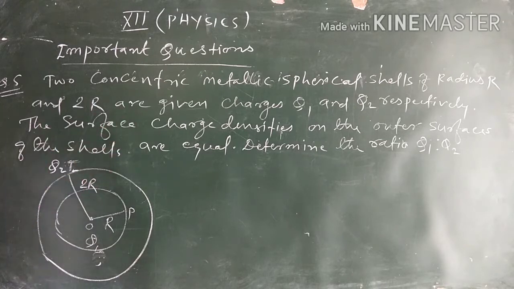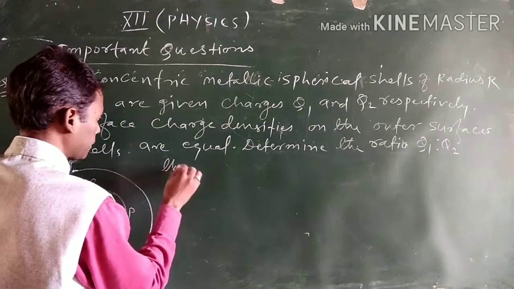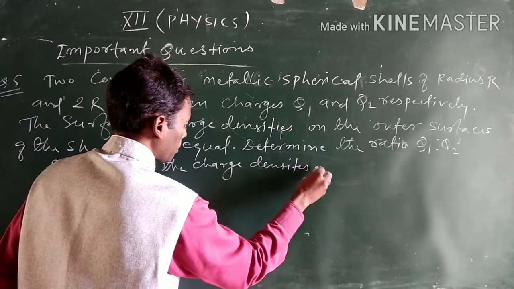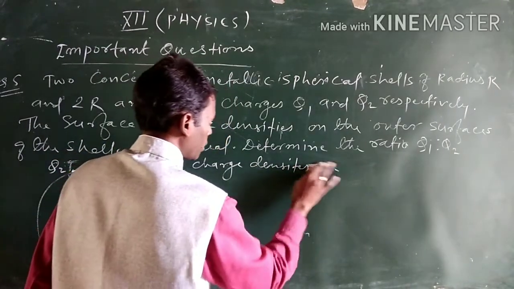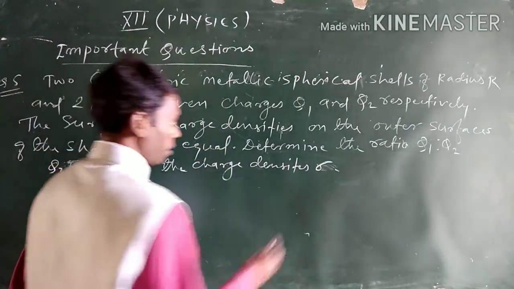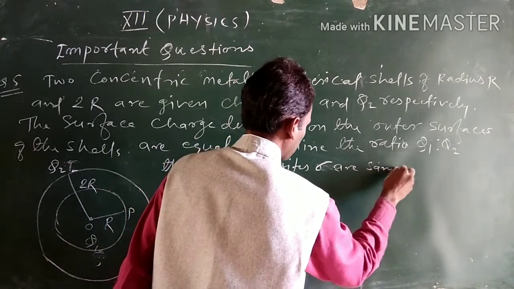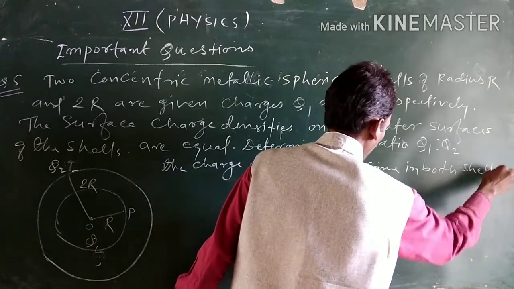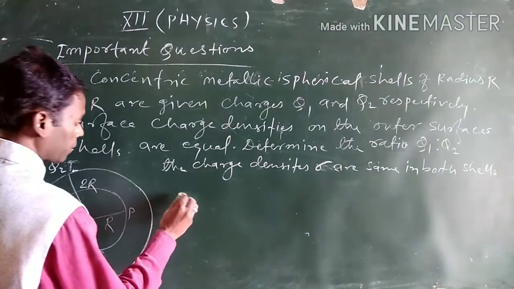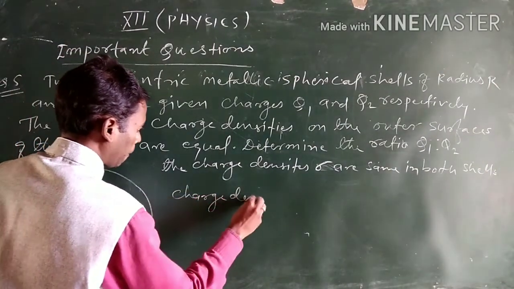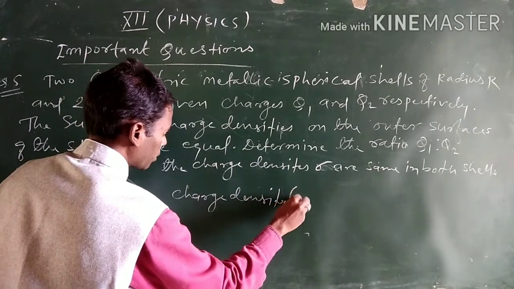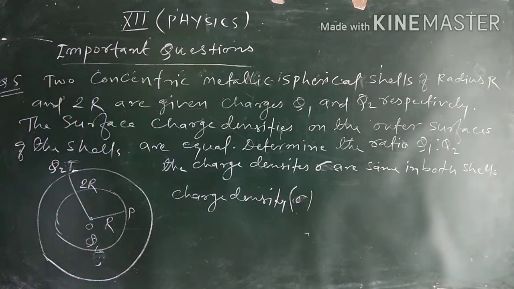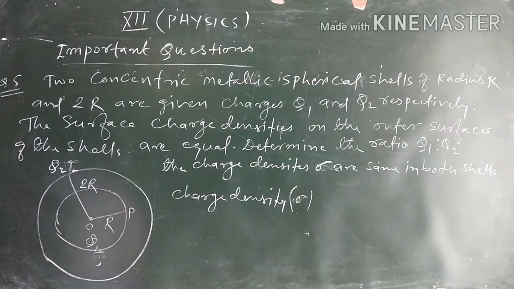Here the densities are the same, that means the charge density, sigma, is the same in both shells. Suppose the charge density is sigma for Q1.